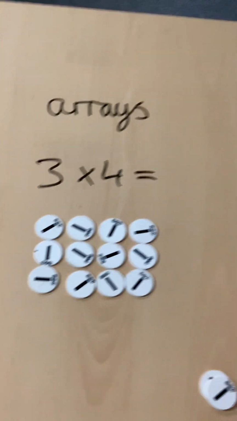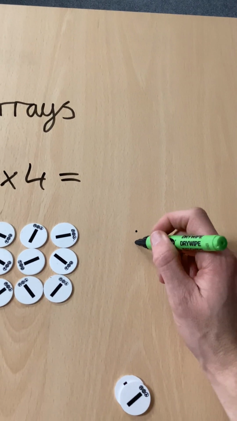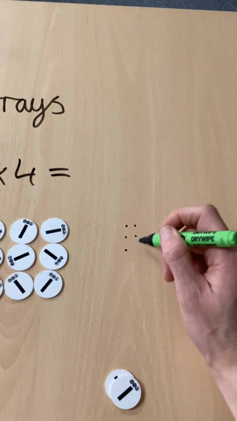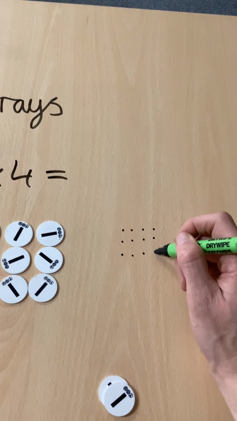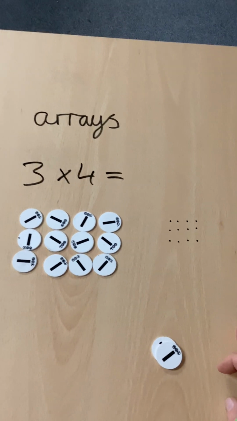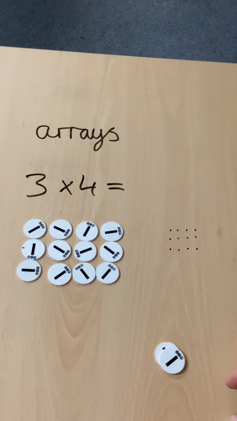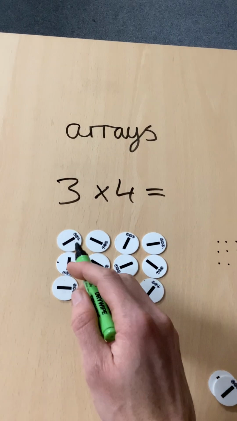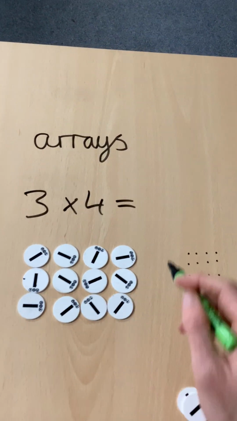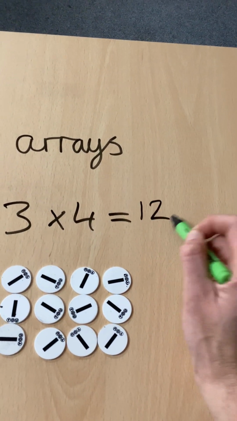Or if you don't have the counters, you can draw. It's really important that when drawing, you do keep things in as neat rows as possible to make it easier for you to count. You then simply count how many there are. 3, 6, 9, 12. So 3 times 4 is 12.